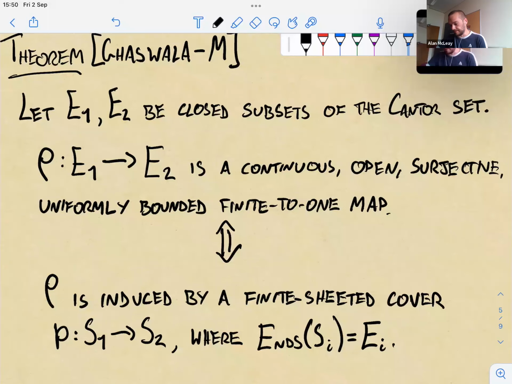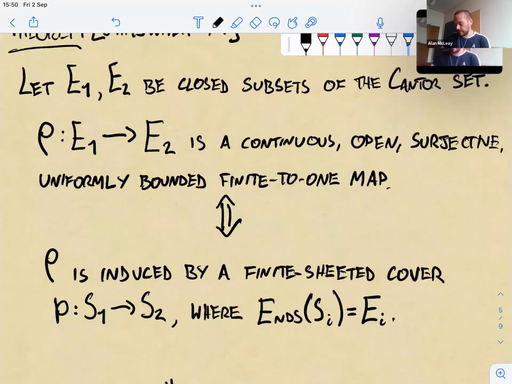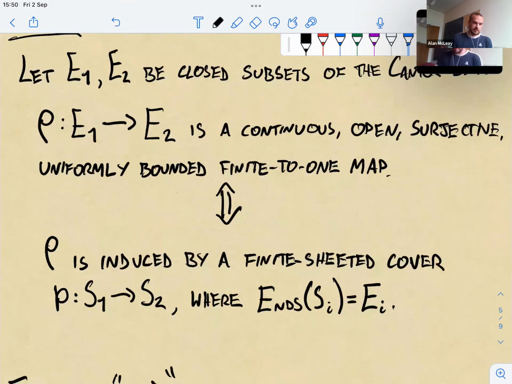So uniformly bounded. So continuous. So what I think this is, is like a non-injective homeomorphism, almost. That's what this is. So this is a direct correspondence with there being a finite-sheeted cover of surfaces where the end spaces correspond to the closed subsets.